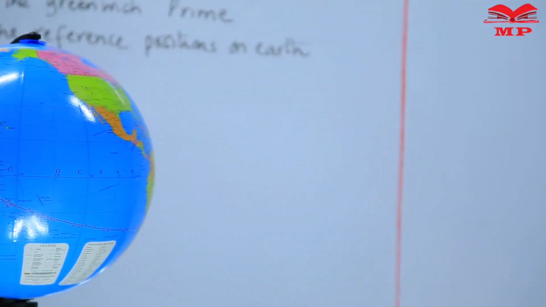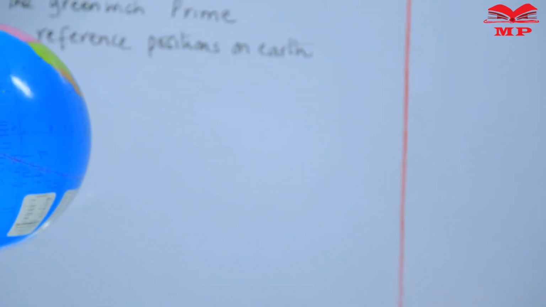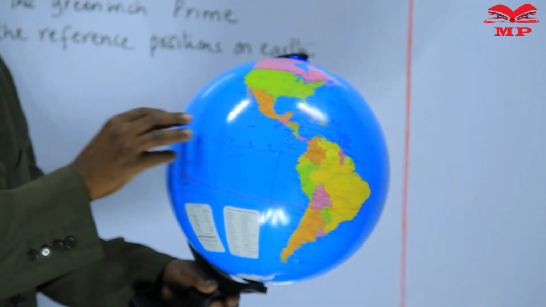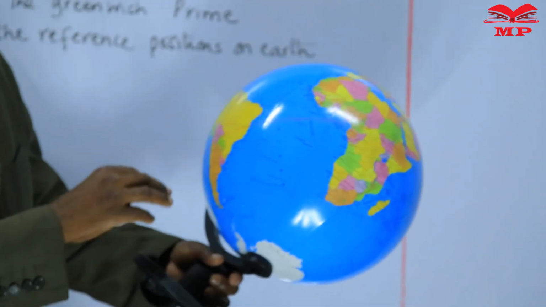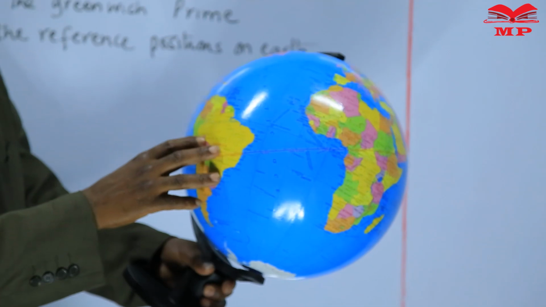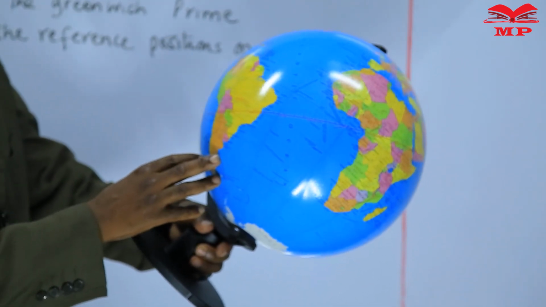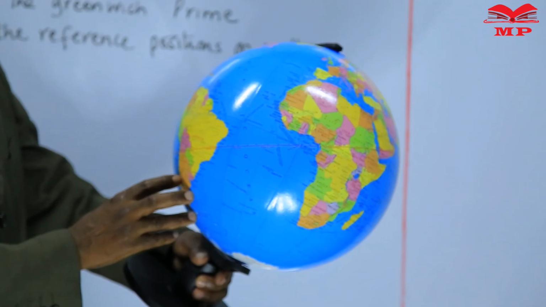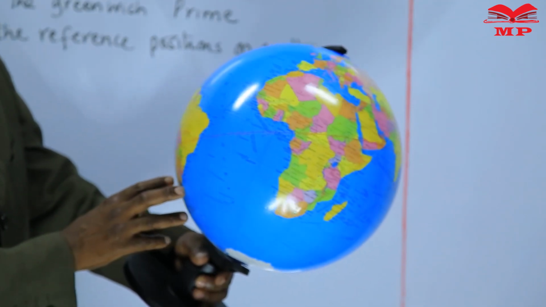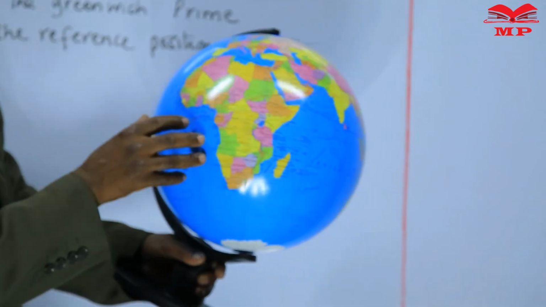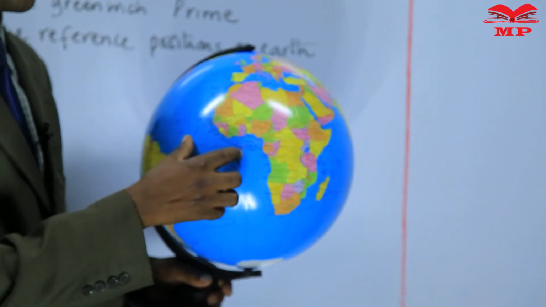There is a meridian which passes through Greenwich in London. You just locate it: the Greenwich Prime Meridian in London, that is 90, 75, 45, 30, 15, 0. It is this one.